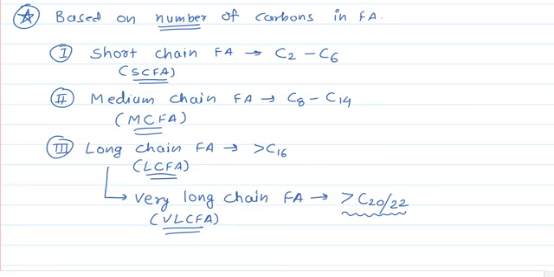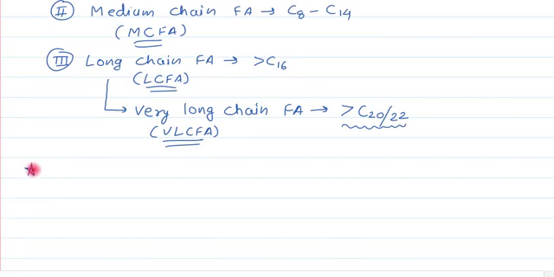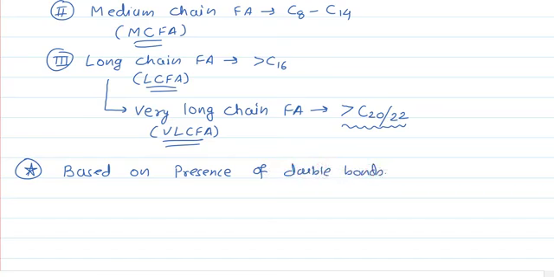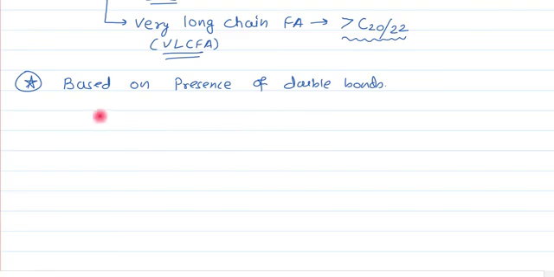The second way of classification of fatty acid is based on the presence of double bonds. Based on the presence of double bonds, fatty acids are divided into two groups. The first group is the saturated fatty acid, and the second group is the unsaturated fatty acid.